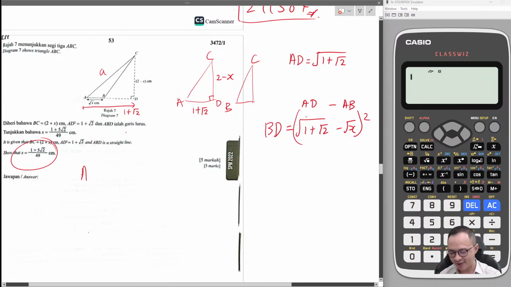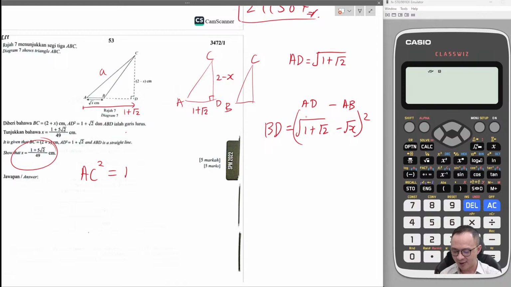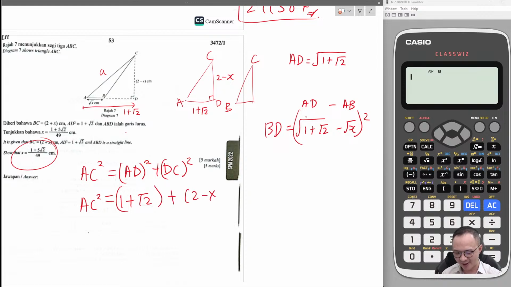Maybe I find AC squared, which is AD squared plus DC squared. But why do I want to find AC? I don't know, but I have AD squared, so sub in 1 plus x squared, plus this, which is 2 minus x squared.